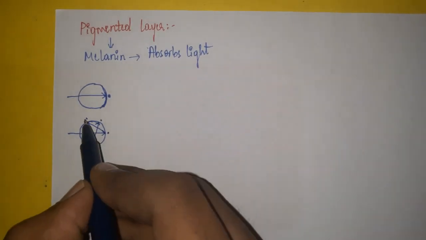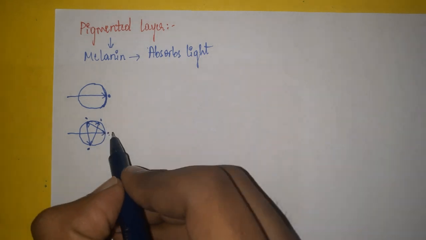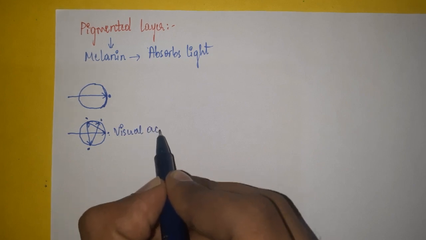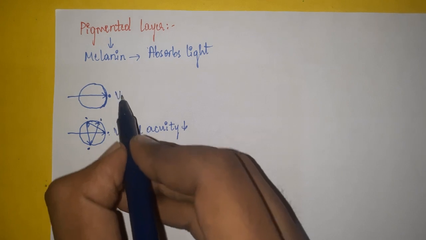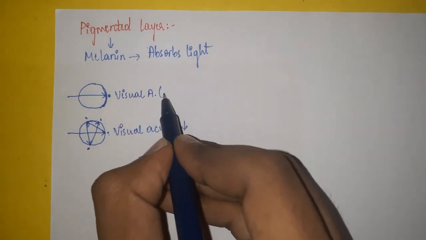This results in activation of many receptors that will not give a proper image. Visual acuity decreases. In this case, visual acuity is perfect.